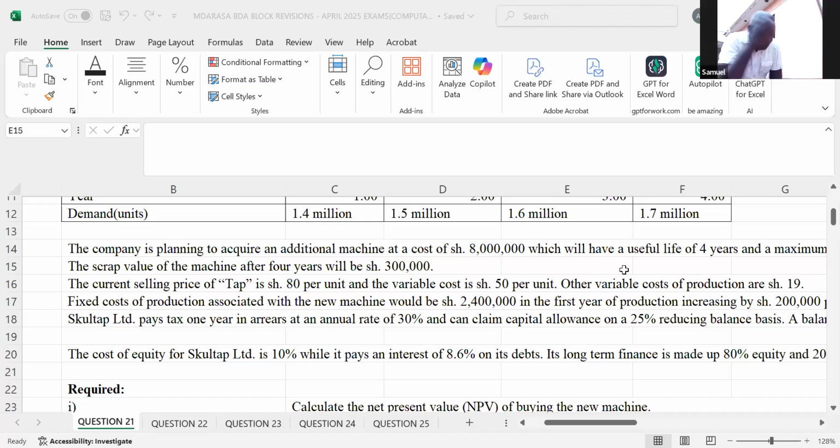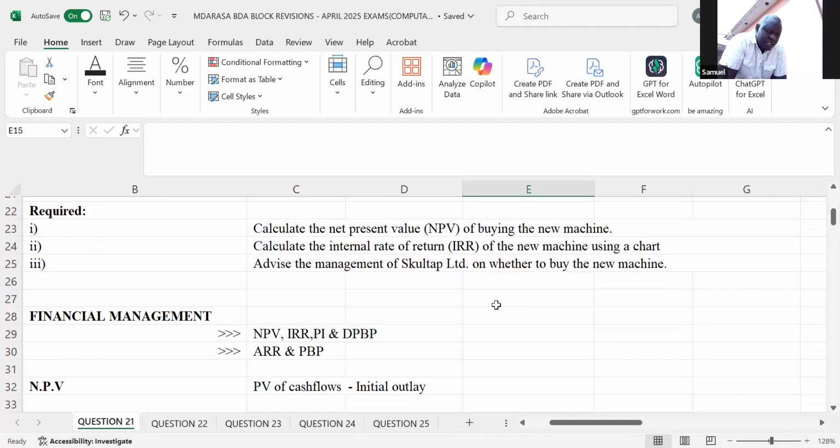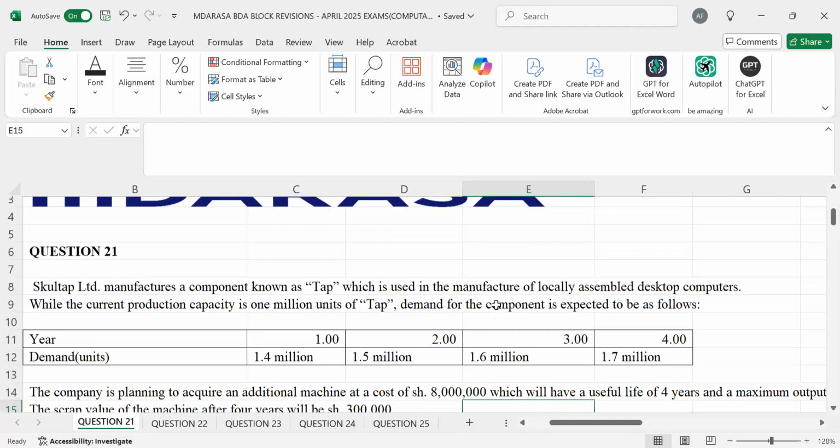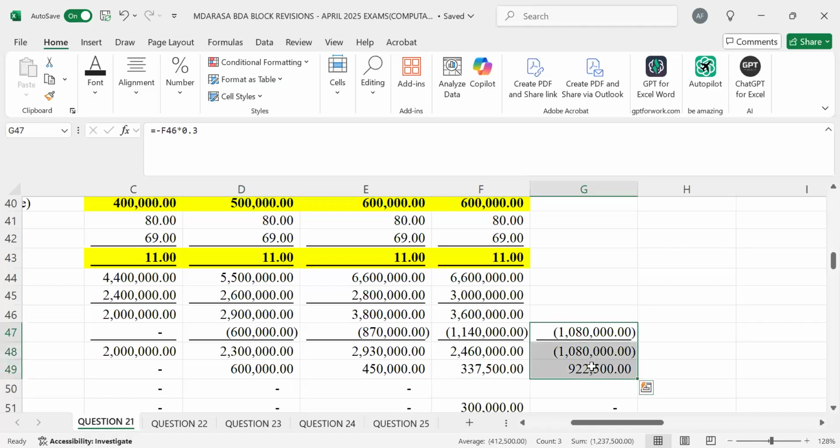Yes, Mwalimu. Mine is just to understand. You took the years up to the 5th year. So my question is, exactly, are we claiming the 5th year cash flows in the 4th year? Why have we taken the 5th year? The reason you're taking the 5th year is as a result of these arrears that you are paying. That's why this question had that component, because of the arrears.